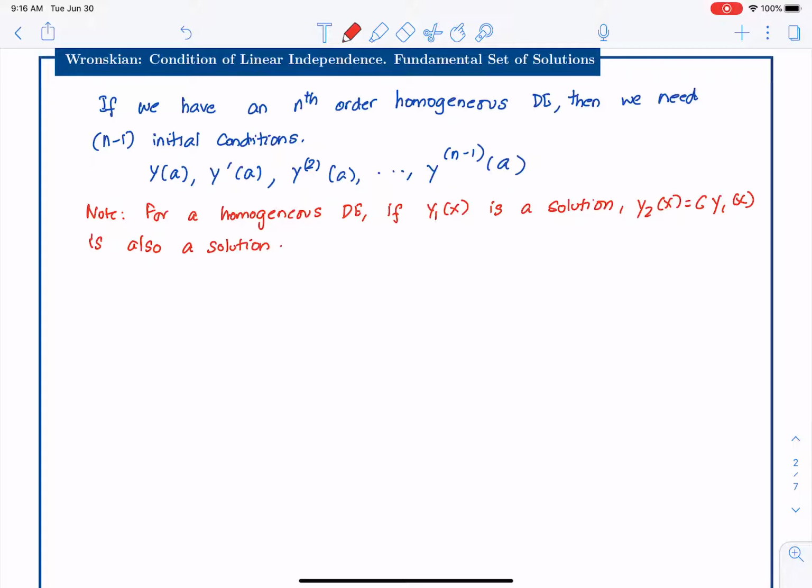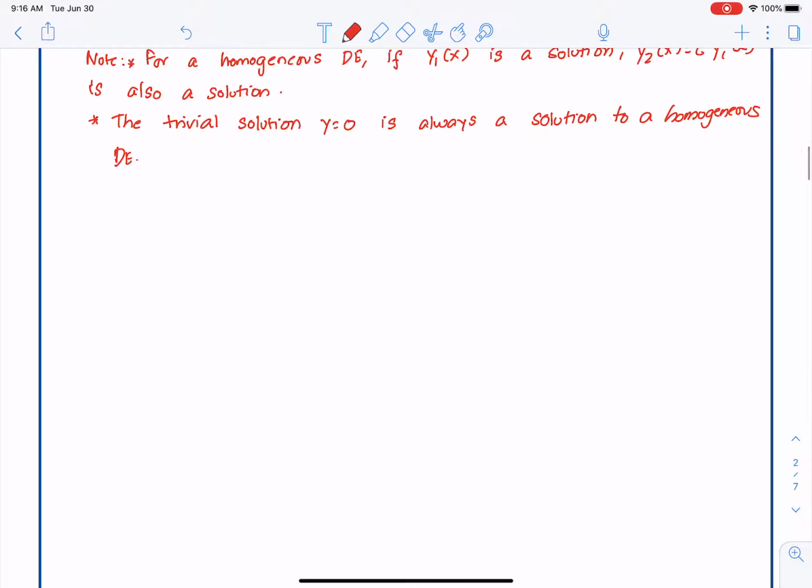Second point here, the trivial solution y equals 0 is always a solution to a homogeneous DE. For example, suppose the DE is y double prime minus y equals 0.